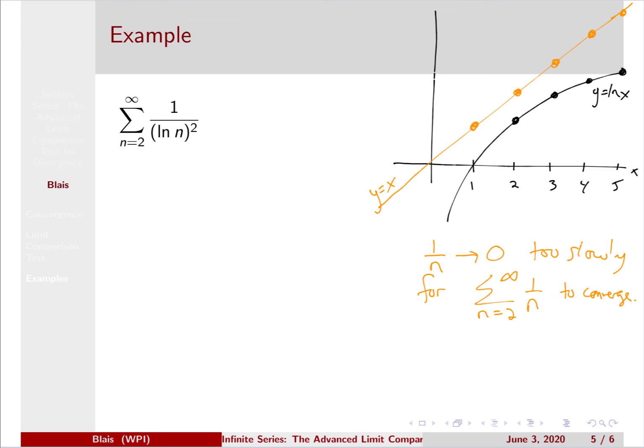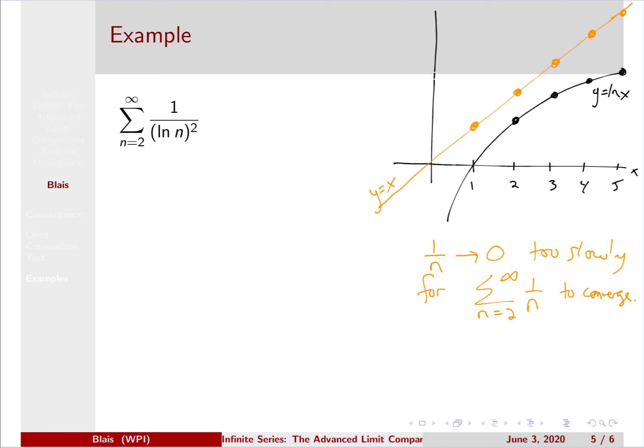Let's find out. A natural suspicion is that natural log of n really takes its time to go to infinity. If you ever want to do an experiment with that, take a calculator and put really big numbers in and take the natural log, and you'll be shocked at just how small the result is.